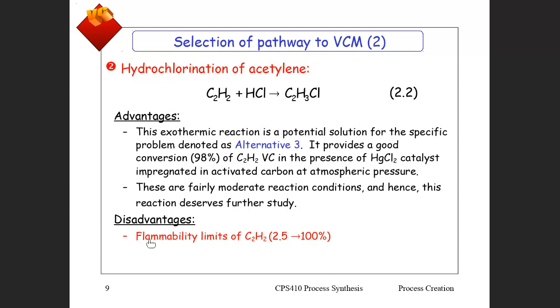But the disadvantages are the flammability limits of acetylene. Now this is really unusual. 2.5 is fine. It's low. Flammability limits are typically around 4% in air. But this is unusual, going up to 100%. So in other words, you can detonate acetylene, pure acetylene. You don't even need oxygen, and the reason is acetylene makes a hydrocarbon.